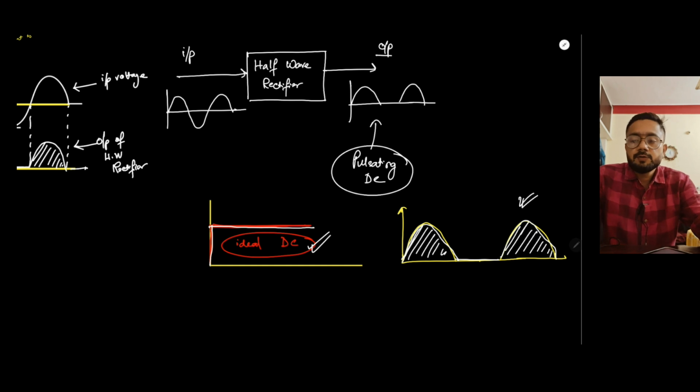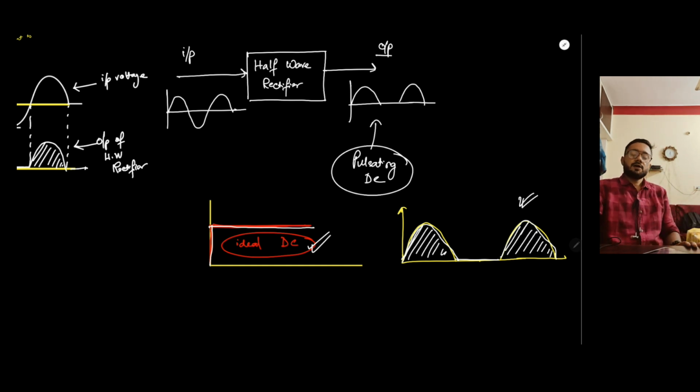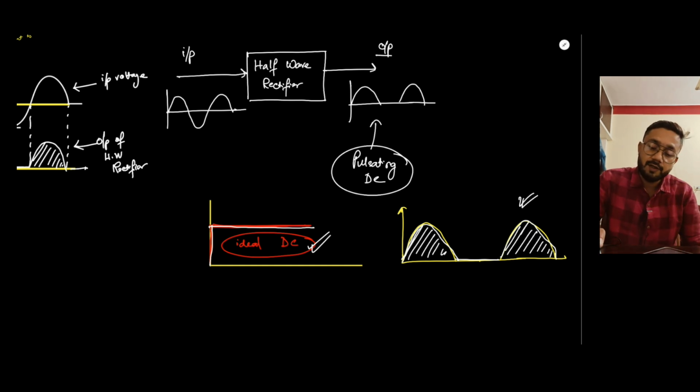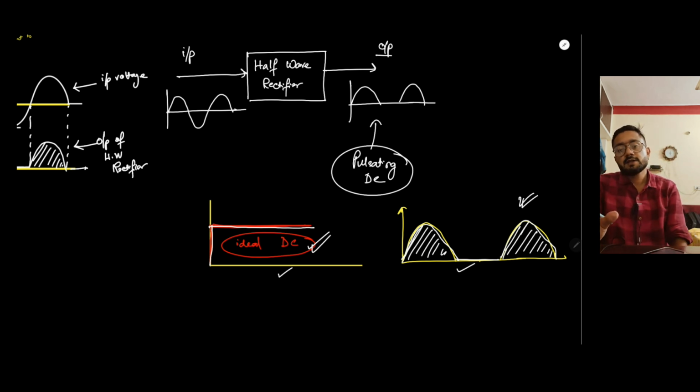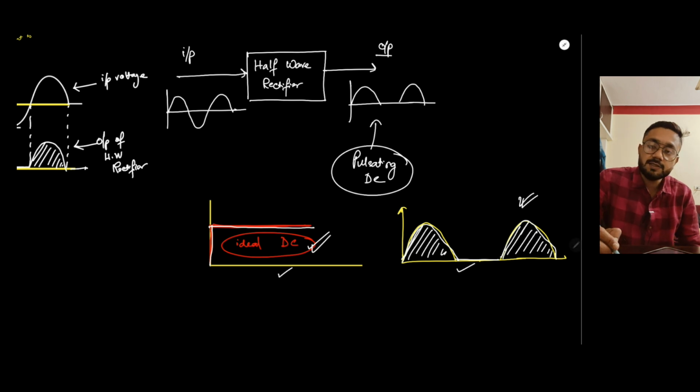Suppose we want to quantify how much the output of the rectifier deviates from the ideal case. We can use this index called the ripple factor, which determines how many ripples we have in the output of the rectifier. The lower the ripple, the better.